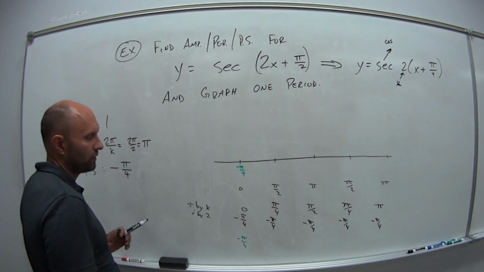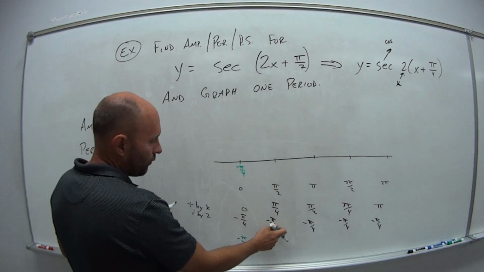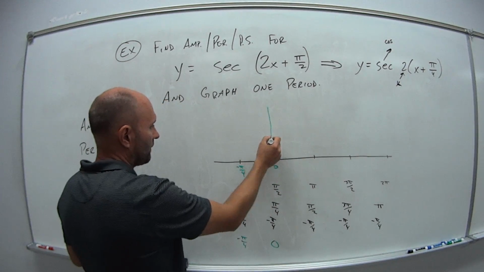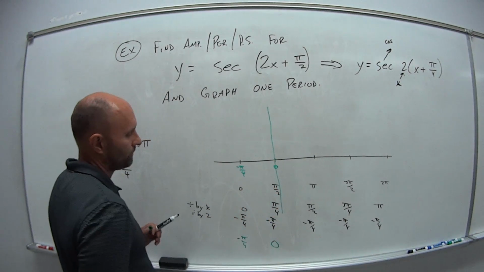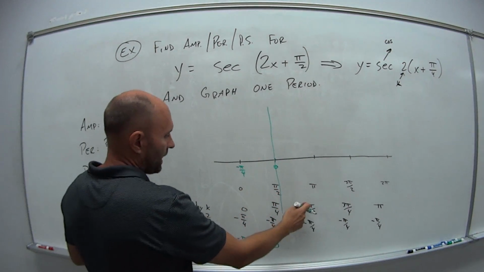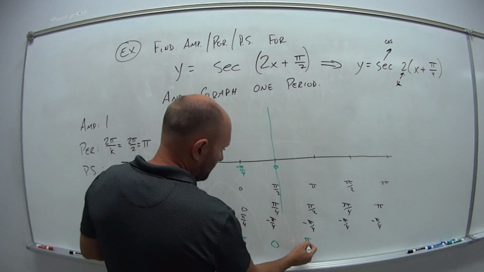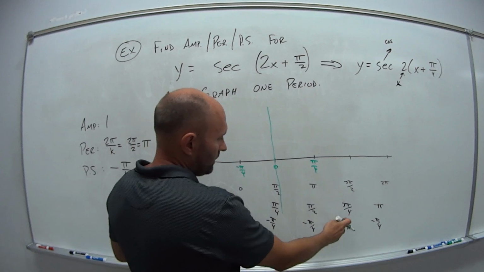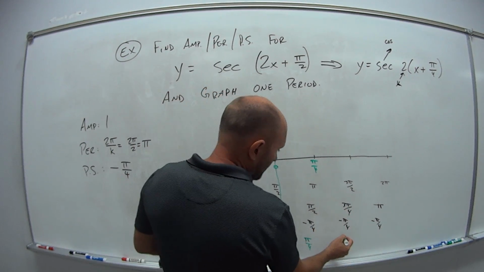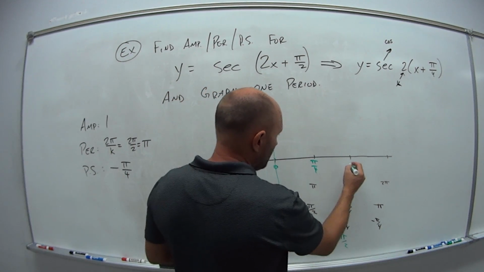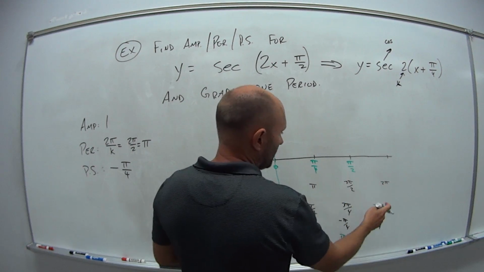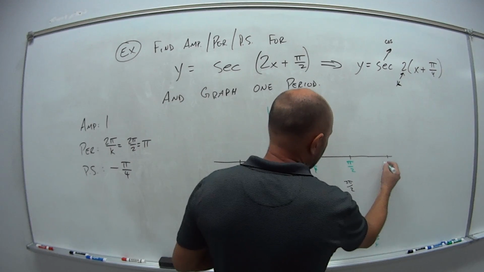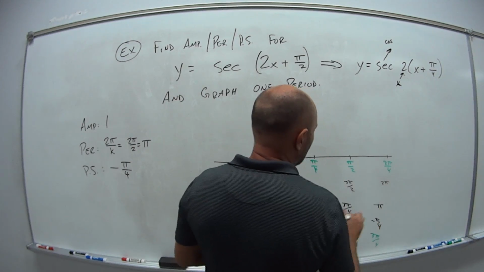The whole thing is shifted over. Pi over 4 minus pi over 4 is 0. There's where my axis is now if I wanted to write it in. Pi over 2 minus pi over 4 is pi over 4. 3 pi over 4 minus pi over 4 is pi over 2. And pi minus pi over 4 is 3 pi over 4.